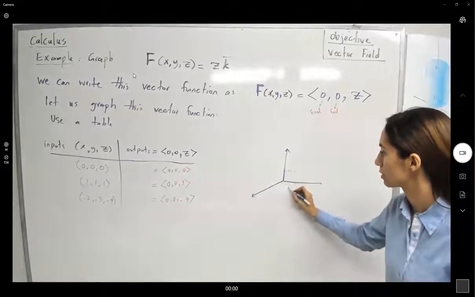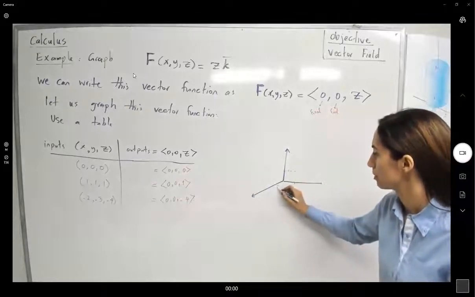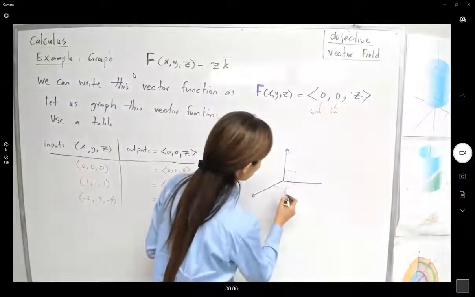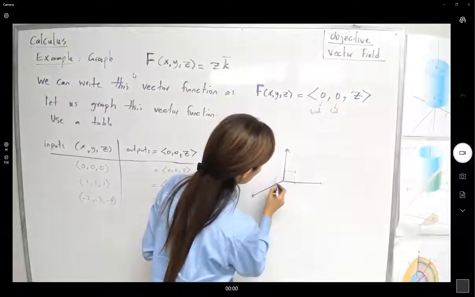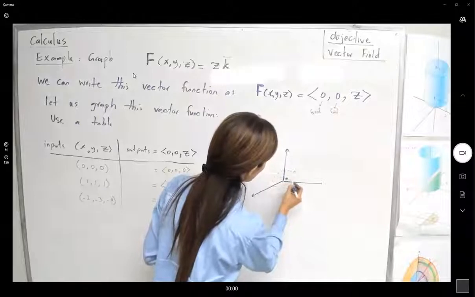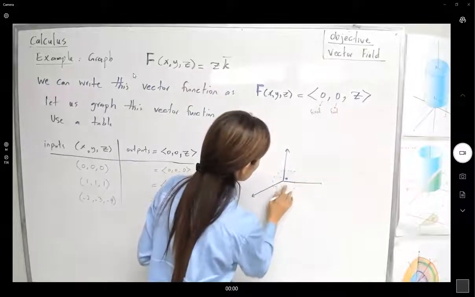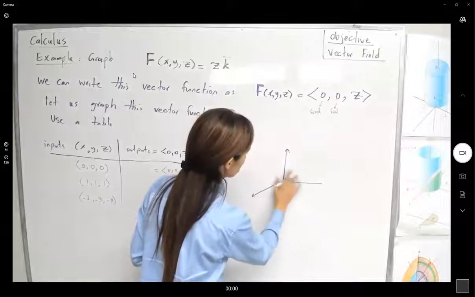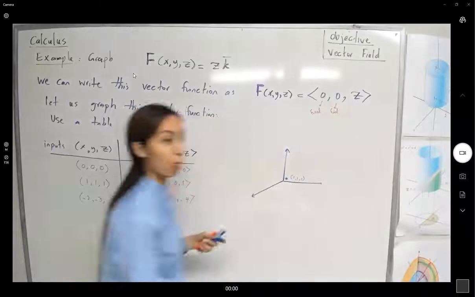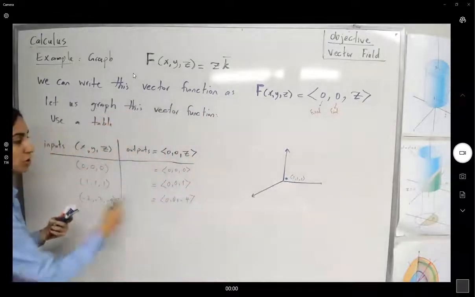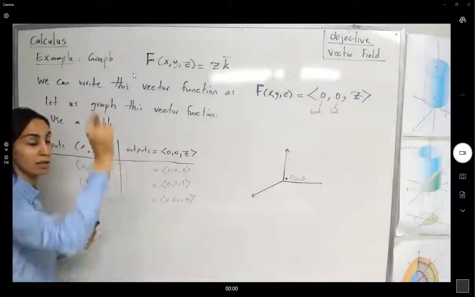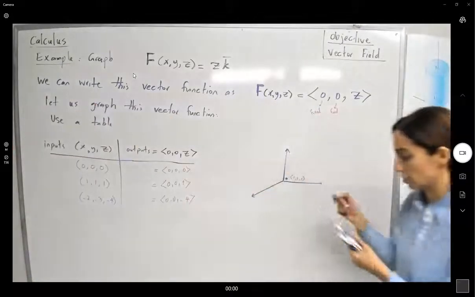So let's graph this together. First, we need the position, and let's see. So this is 1, 1, 1. This is the position. What is the direction? The direction is 0, 0, 1. X is 0, Y is 0, but Z is 1 in the vertical direction. There we go.